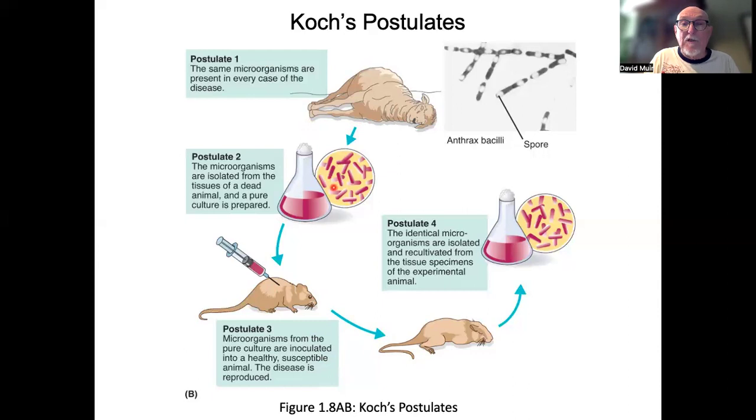He's made a pure culture extracted from bacteria taken from a corpse. He has injected it into an experimental animal. The experimental animal dies of the same symptoms that the original death was caused by. And now his final step is to extract bacteria from this experimental animal and demonstrate that they are the same bacteria as he originally extracted here.